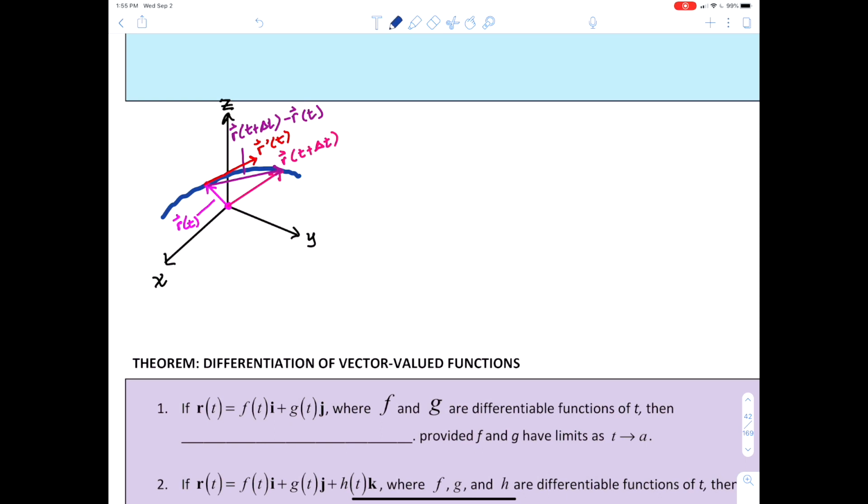Remember that the slope of the secant line would just be... using the definition of the derivative and applying it to our vector valued function, we'd get r prime at t is equal to the limit as delta t approaches 0 of r at t plus delta t minus the vector r at t all over delta t.